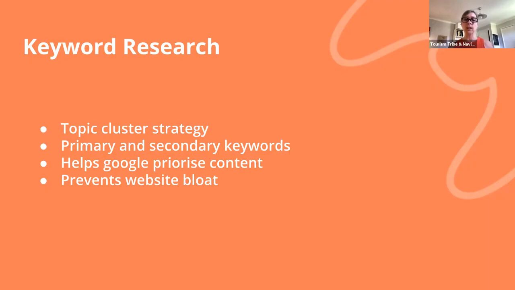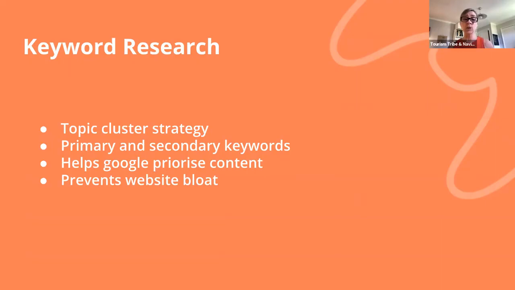We're organizing our content into an easy to understand, logical format that helps the Google bots. When they scan your website, they know that this primary keyword is really important, because all these pages with the secondary closely related keywords are pointing at it and linking to it. So we're doing this to help Google prioritize the content.